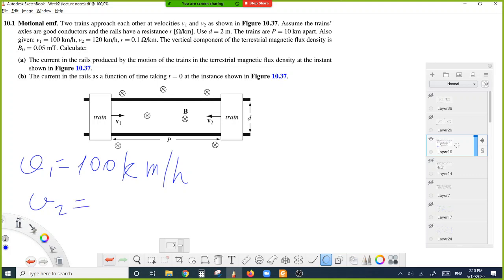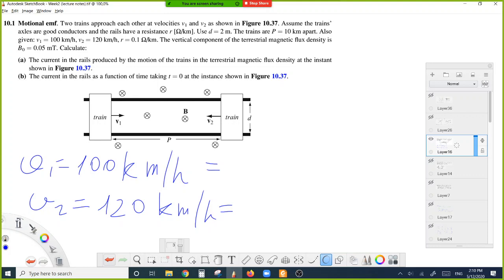V2 is 120 kilometers per hour. Okay, first of all, we need to convert this to units of measurement. We need to convert to SI units of measurement.